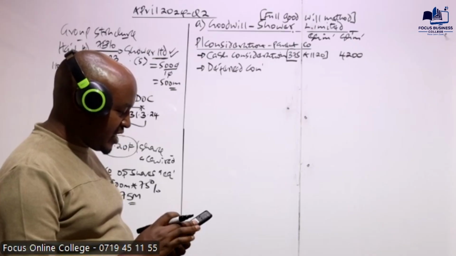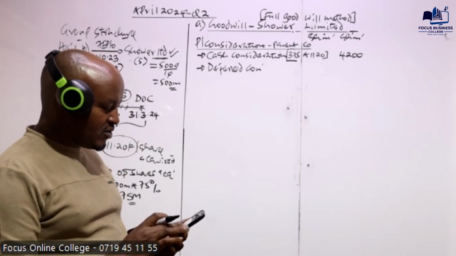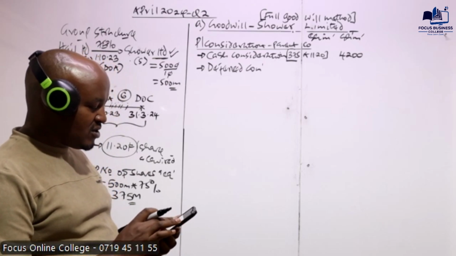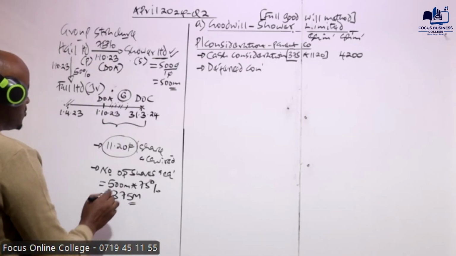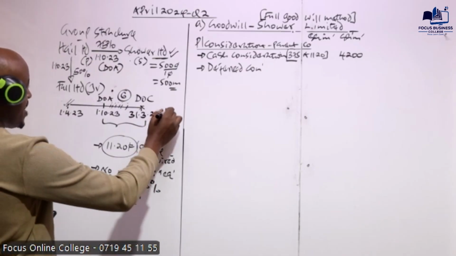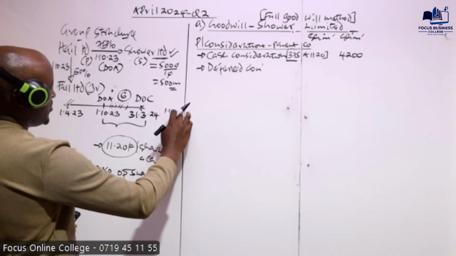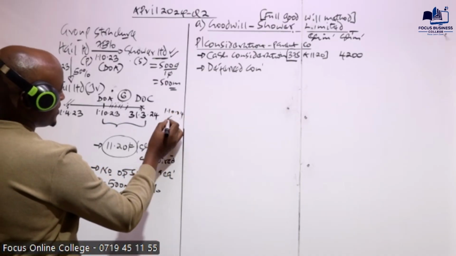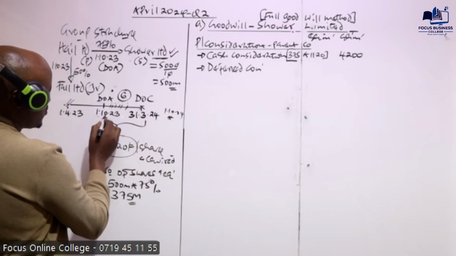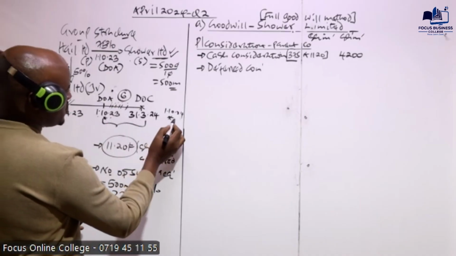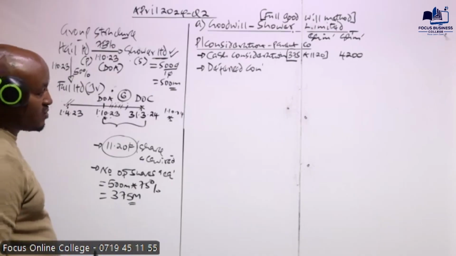We are told in addition, Hale Limited was to pay a further 5,600 million on 1st of October 2024. You can see this is exactly 1 year from the date of acquisition, because the acquisition took place on 1st of October 2023. That amount will be paid exactly after 1 year, on 1st of October 2024.